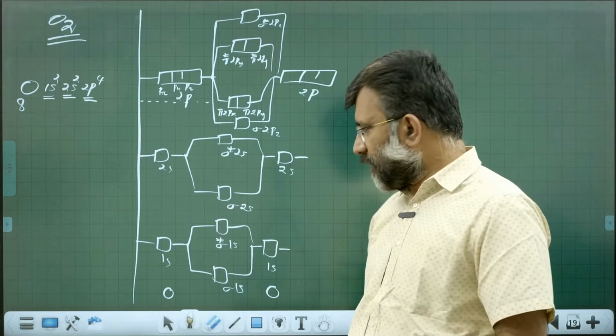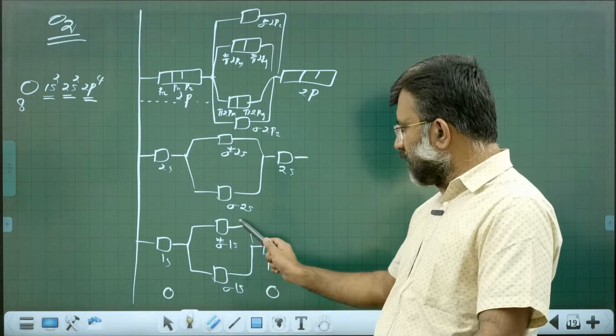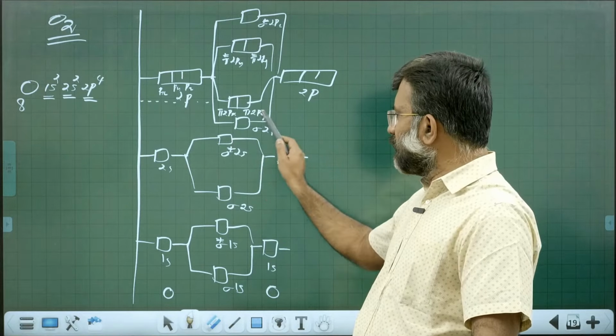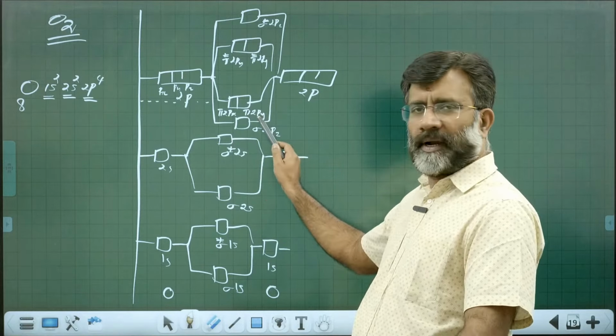How is the configuration? Sigma 1s, sigma star 1s, sigma 2s, sigma star 2s, sigma 2pz, pi 2px, pi 2py, pi star 2px, pi star 2py, sigma star 2pz. How do you write the configuration? O2 contains 16 electrons.